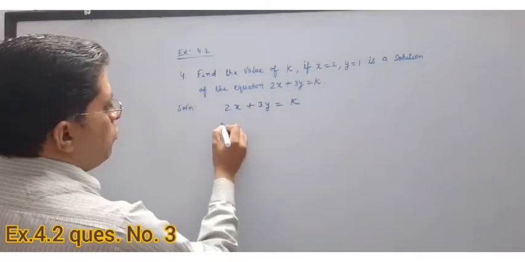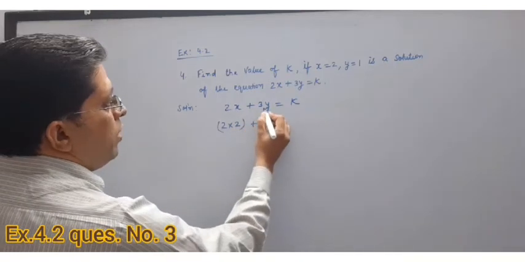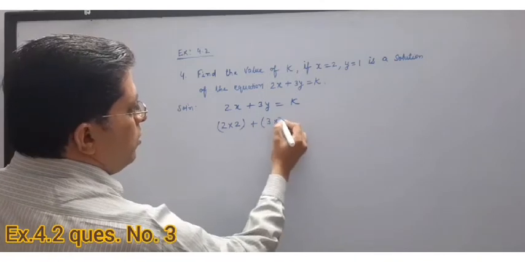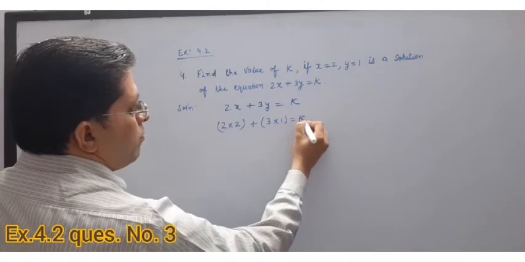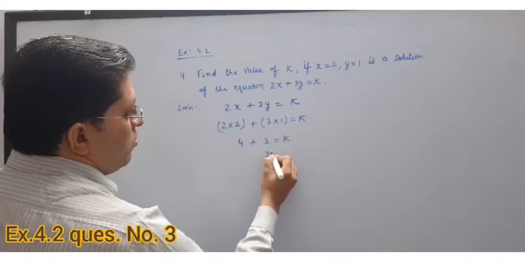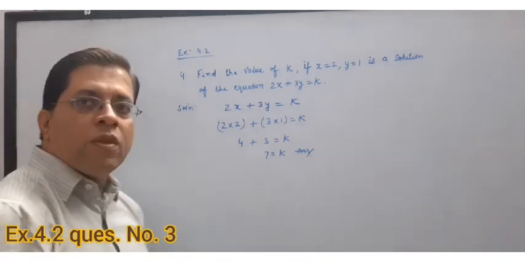Put x is equal to 2 here. In place of x I am putting 2. In place of y, y is 1, so I am putting 1. Okay, 4 plus 3, this is 7. This is your answer.